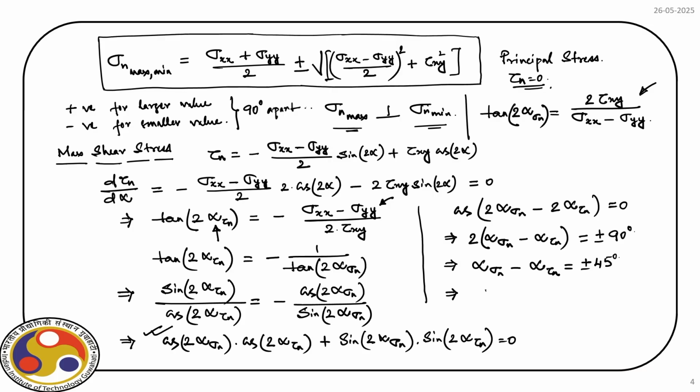Finally, what we get? Alpha sigma n is equal to alpha tau n plus minus 45 degree.